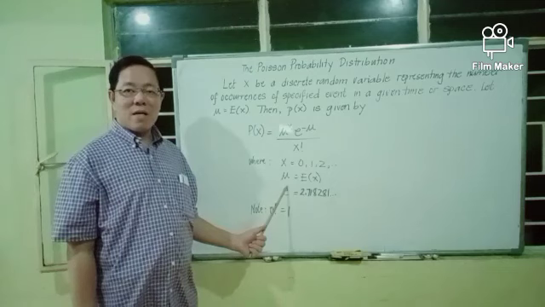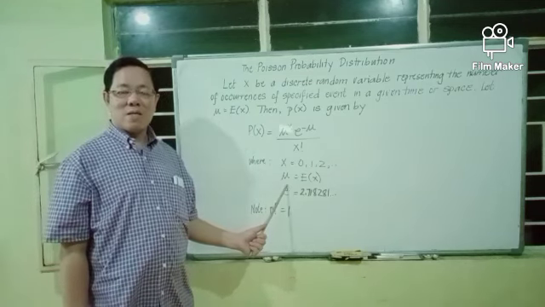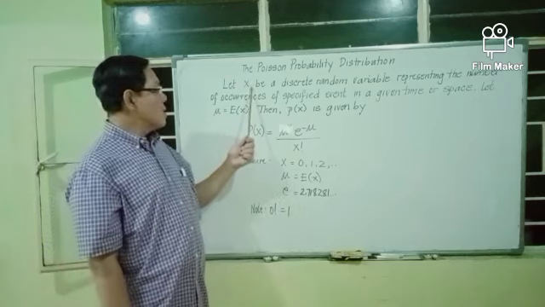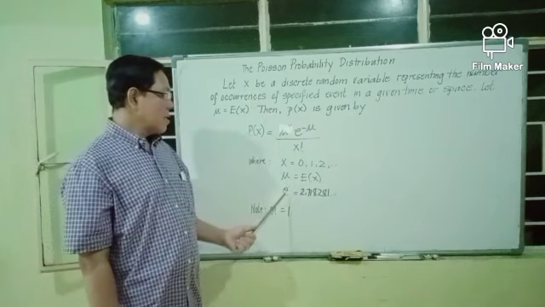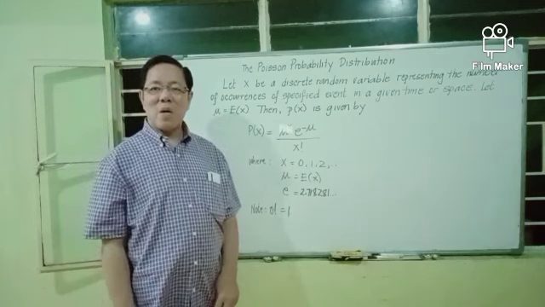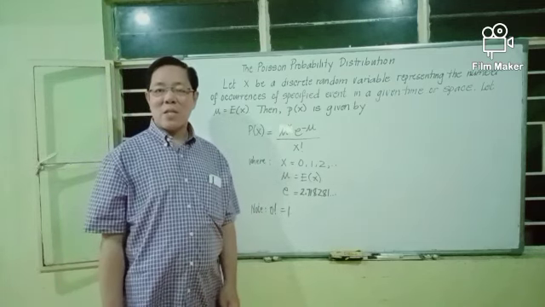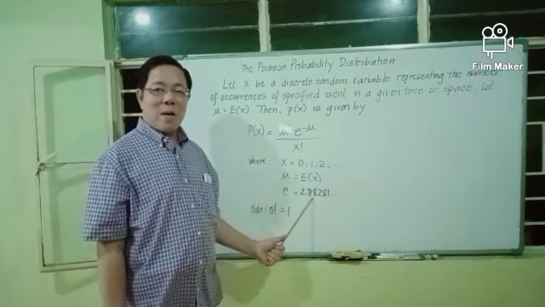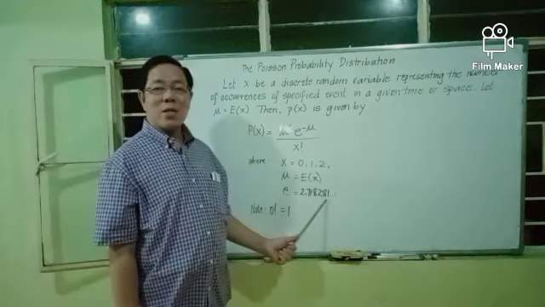And mu, as I said, is the expected value of x, which means it is the average number of values of the discrete random variable x. And e, as you have learned from your plane trigonometry, is the base of the natural logarithm. And e is equal to this decimal number, 2.718281.